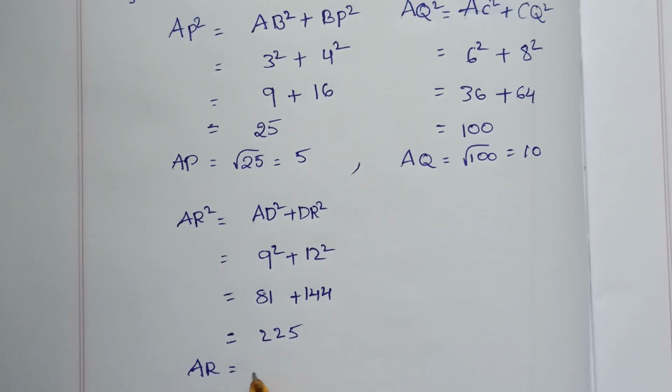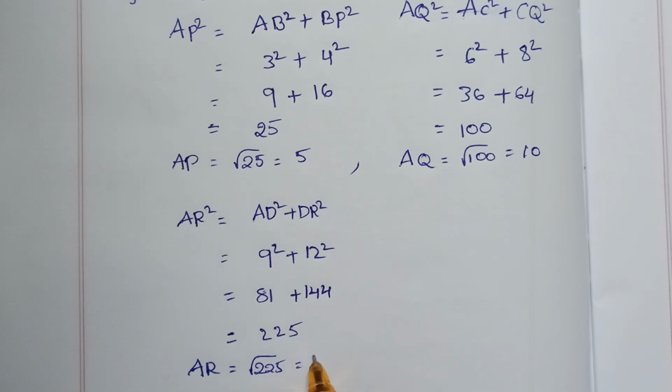AR equal to square root of 225, that is equal to 15.